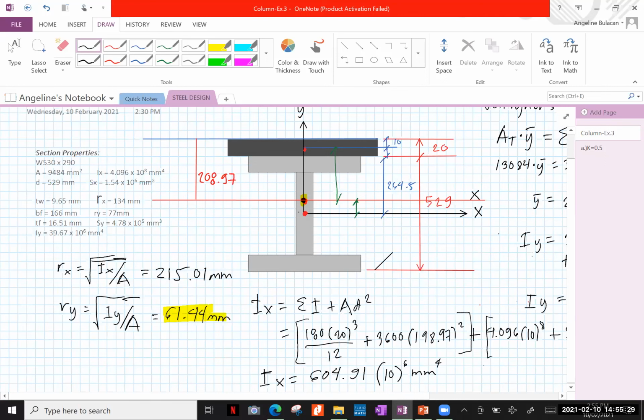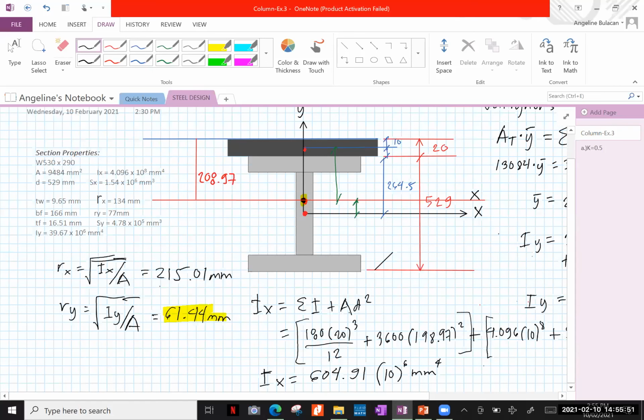or magkaiba yung centroid ng dalawang member, you would need to compute for the value of your Rx and Ry. So, most of the time, ang ginagawa natin is, kinocompute lang natin yung Rx saka Ry, tapos kinukuha natin yung value ng R na least. Kasi ang gusto natin, mas mataas yung LE over R. Diba?